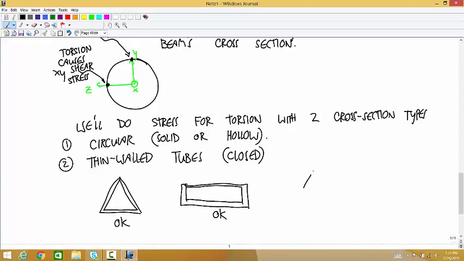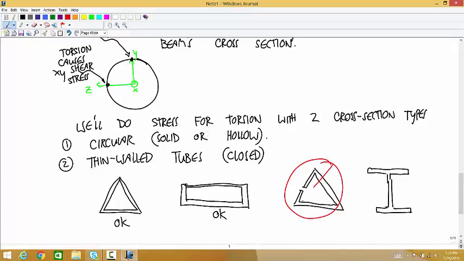But we can't do this or this. These are called open cross sections. Okay, so the cross-sectional shape has to enclose some area.